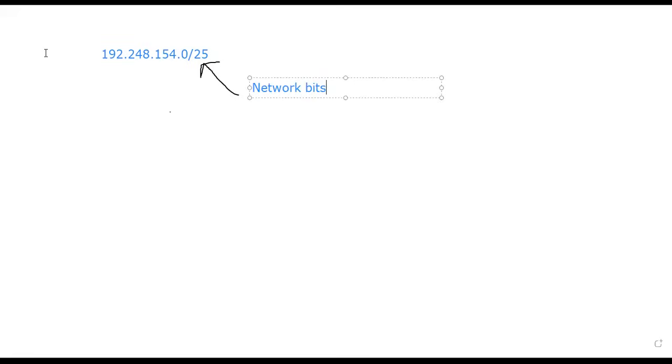When it comes to the 25, we know that 8 bits are allocated for the network, then here 8 bits are allocated for the network, so 8 plus 8, 16, and here 8 bits are allocated for the network, 16 plus 8, 24.